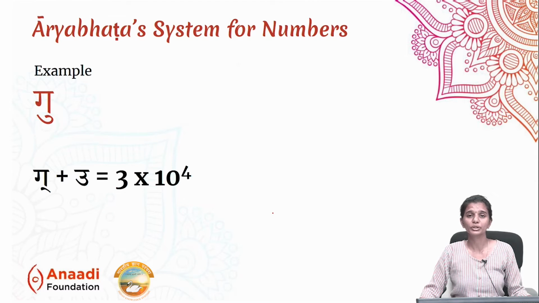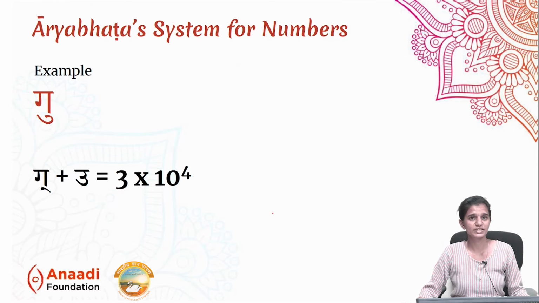Now let us look at an example to understand how Aryabhata has given value to a letter. We have this letter Gu. How do we split this letter? It's G plus u. Now we saw that the vowel is going to determine the place value, right?